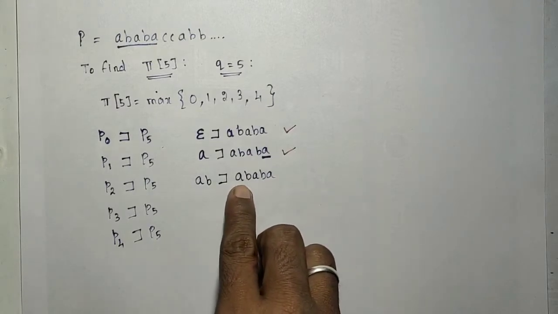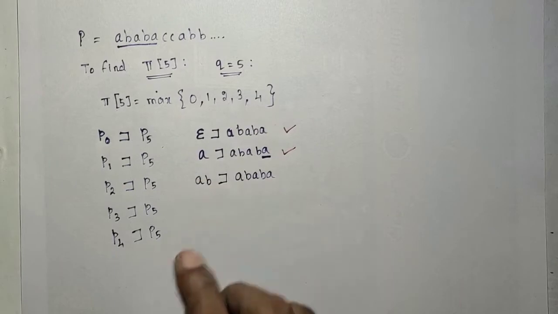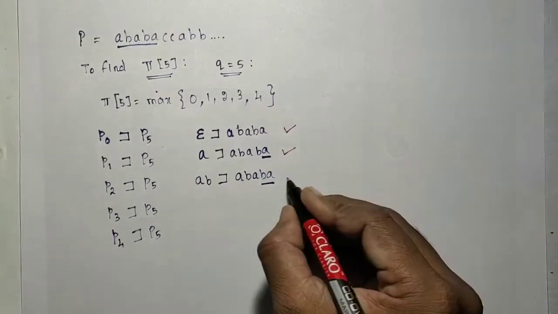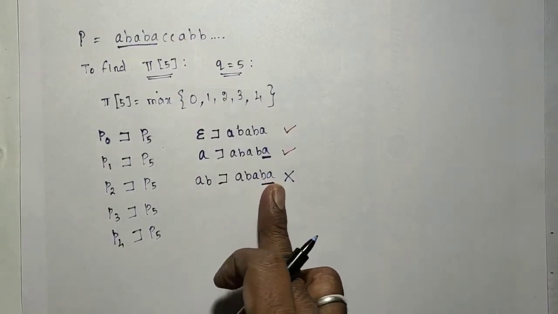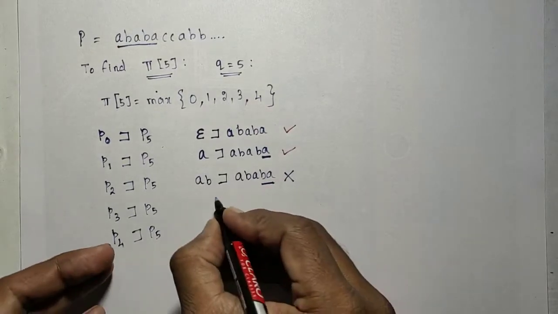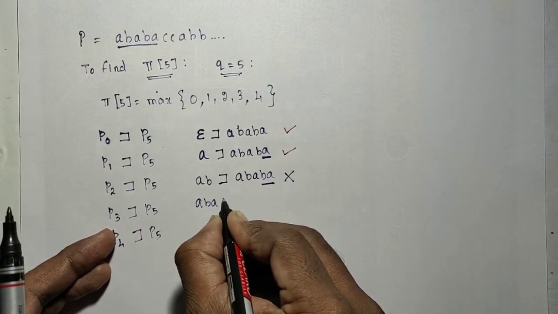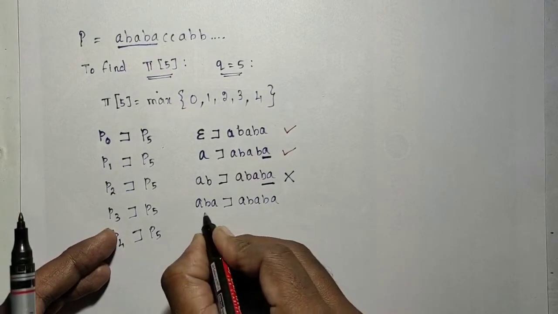And then the first 2 characters, that is ab. So ab is a suffix of ababa, like that we need to check. Suffix means the pattern ends with ab. So we need to check the last 2 characters. It does not match, so it is not a suffix. That ab prefix is not a suffix of ababa. So next I need to check the first 3 characters, that is aba, is a suffix of ababa. We compare the last 3 characters.